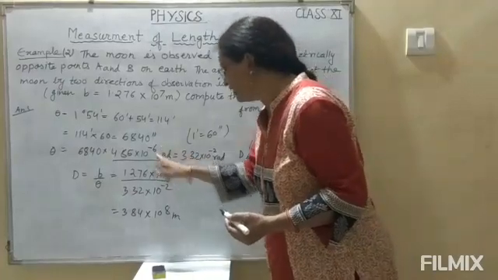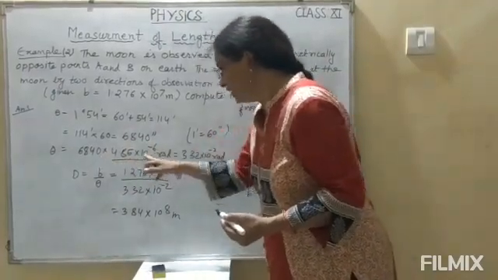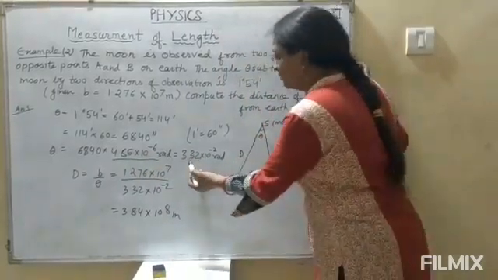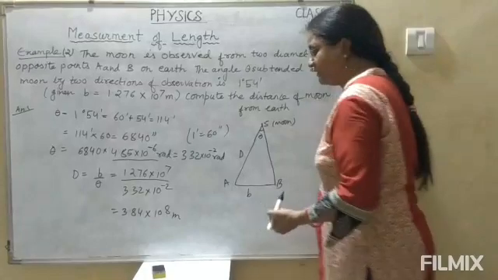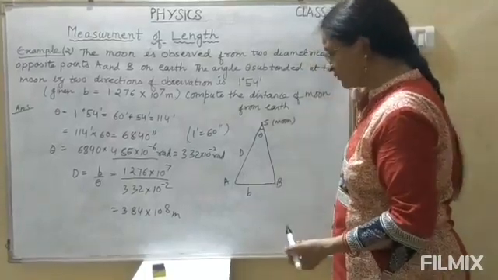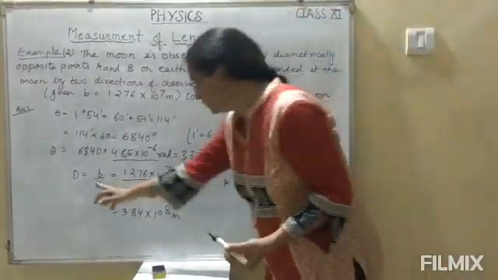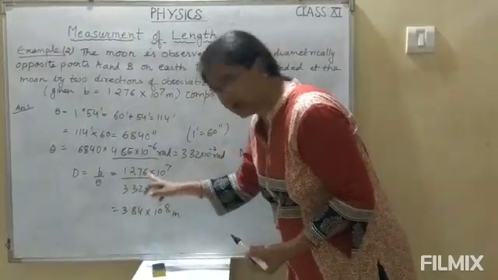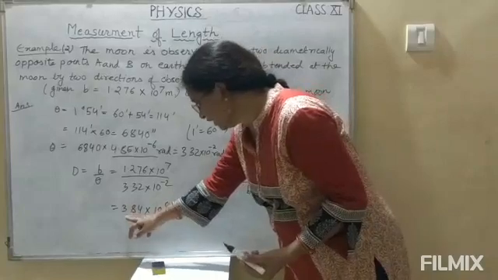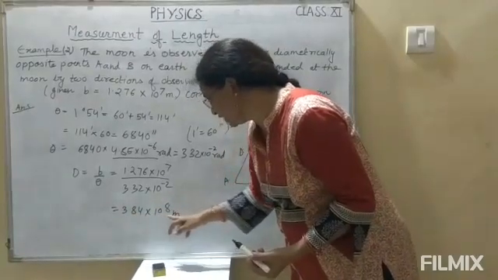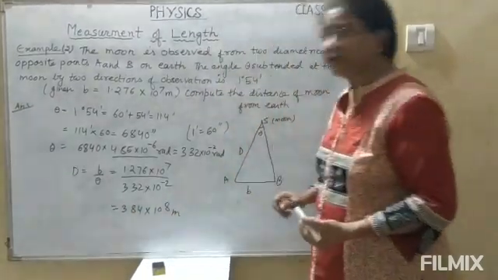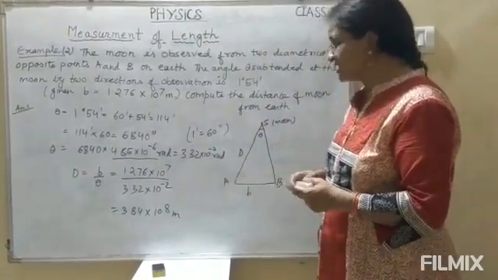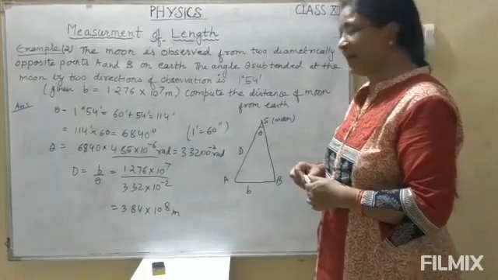So we convert seconds into radian by multiplying by this value, and we get 3.32 into 10 raised to power minus 2 radian. Putting the values of b and theta, we get 3.84 into 10 raised to power 8 meter. Understood? So it is a very easy example based upon the parallax method.